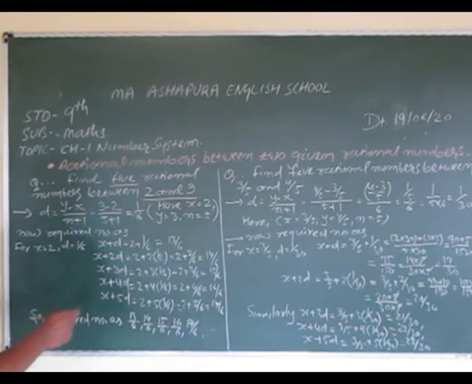So we get 2 plus 1 by 6. Now simplify the sum of the integer and fraction using the cross multiply method. So 2 times 6 is 12, plus 1 is equal to 13 upon 6. So the first required number is x plus d, equal to 13 by 6.